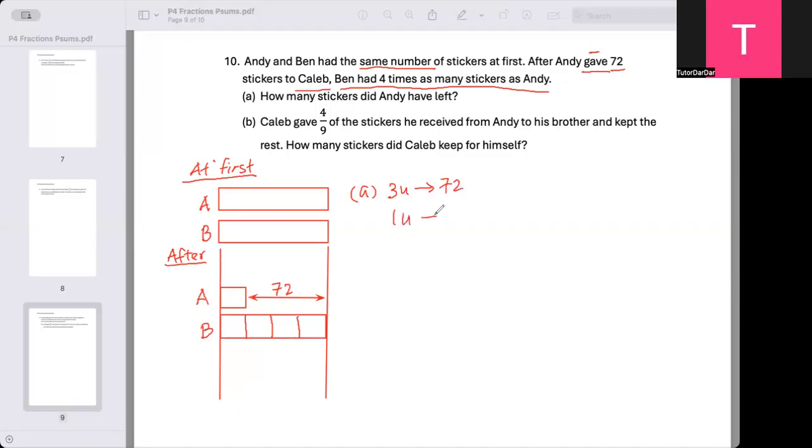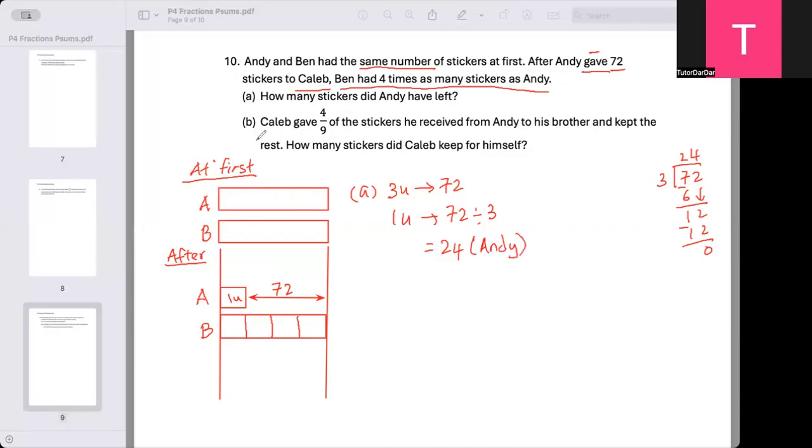So 1U is going to be 72 divided by 3, which is equal to 24. So they say, how many stickers did Andy have left? Andy has how many units left? 1U here. So this is going to be Andy.